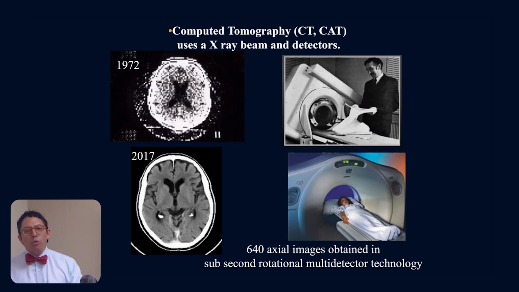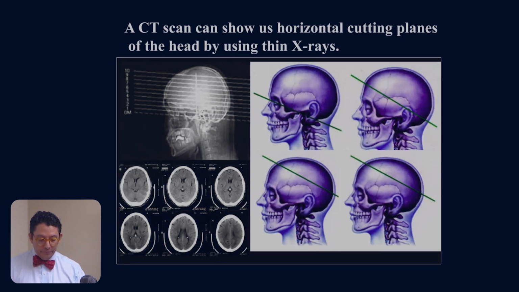We can cover almost 16 centimeters of a body part without having to move the table at all. So we can get these types of images in less than a quarter of a second today. So we went from days and hours to something that is very efficient, very easy to utilize. And of course, the radiation has changed significantly since then.